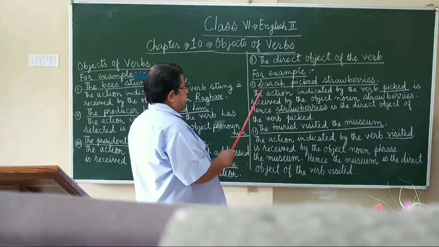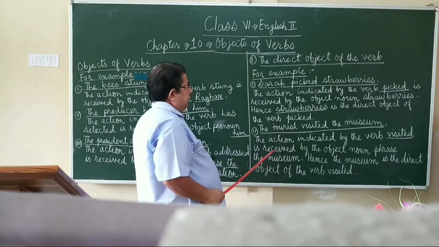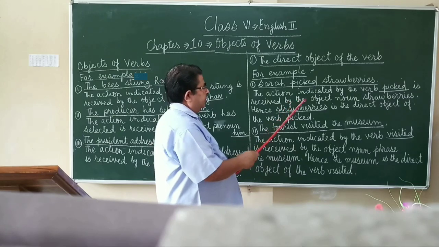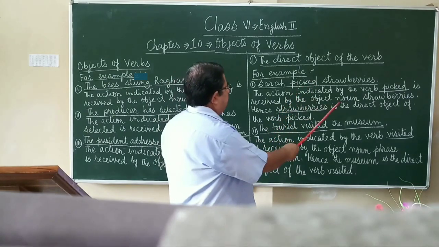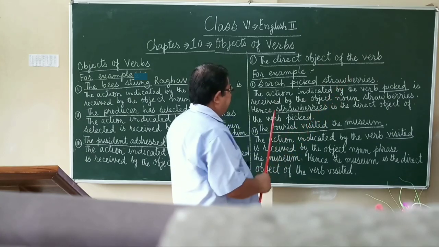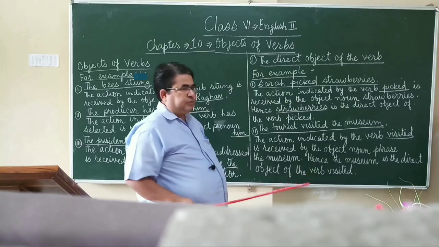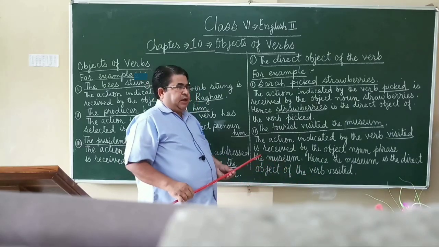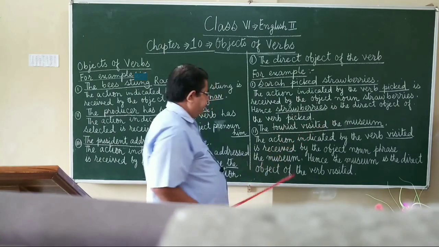First example, Sarah picked strawberries. The action indicated by the verb picked is received by the object noun strawberries. Hence, strawberries is the direct object of the verb picked. You see the example number 2, the tourist visited the museum.